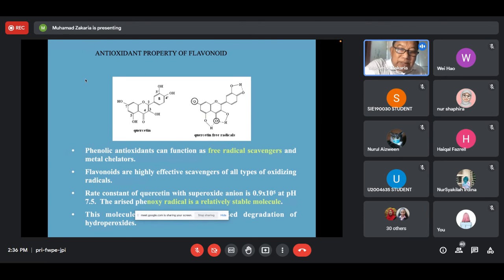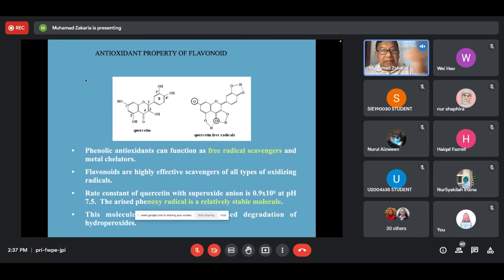So phenolic antioxidants can function as a free radical scavenger and a metal chelator. Flavonoids are highly effective scavengers of all types of oxidizing radicals. The rate constant of quercetin with superoxide anion is 0.9 times 10 to the power 5 at a pH of 7.5. The resulting phenoxy radical is a relatively stable molecule. So the molecules help to cause degradation of hydroperoxide.